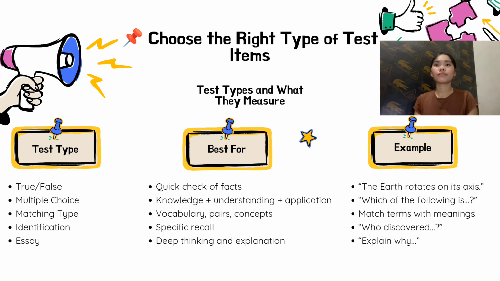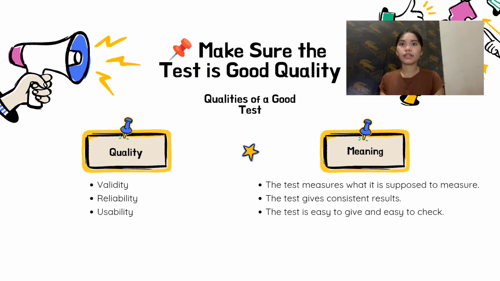For the fourth one naman is identification, a specific recall, or the example is who discovered ng ganitong bagay. And the last one is the essay. Best siya for deep thinking and explanation, which is mas lumalawak yung kaalaman mo kasi mas na-explain mo siya through your own opinion.